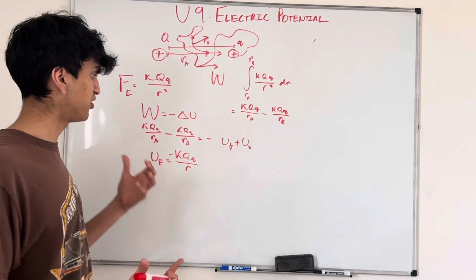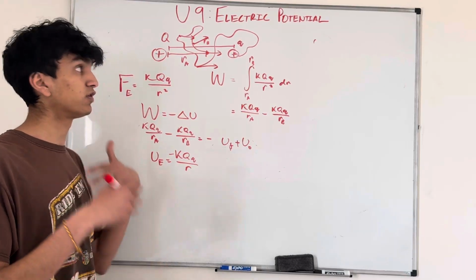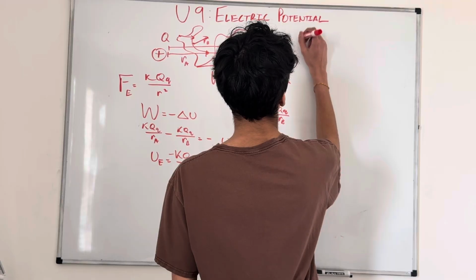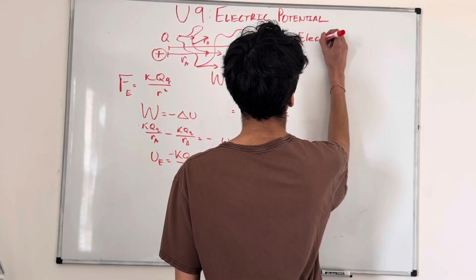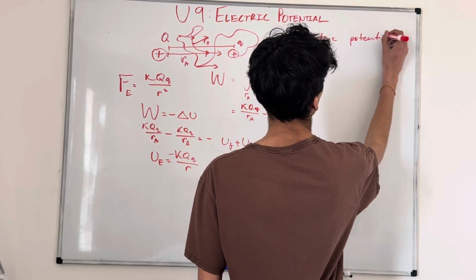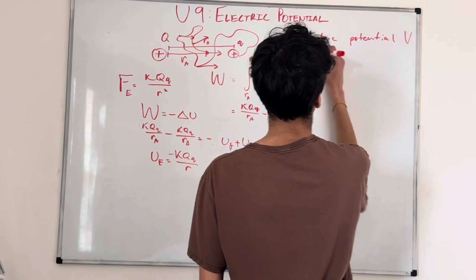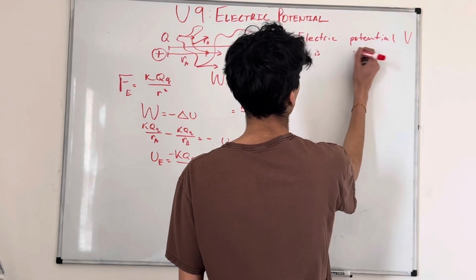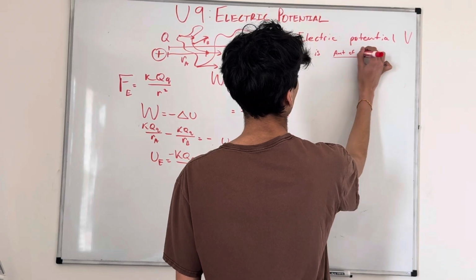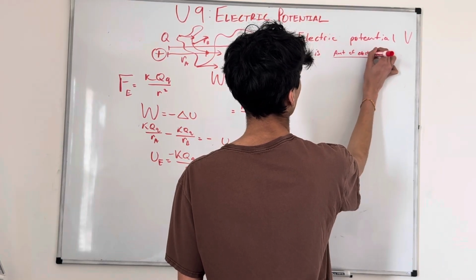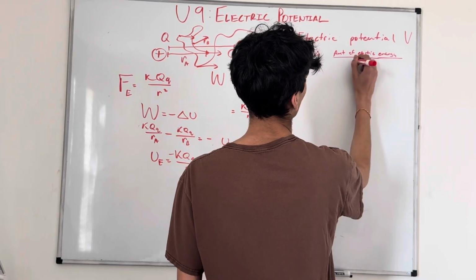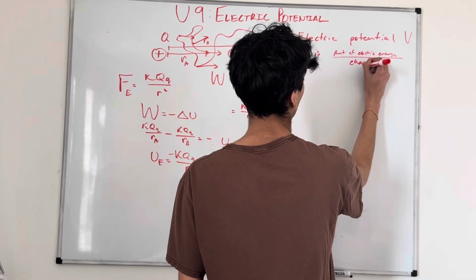And potential energy has a similar idea called potential. So electric potential, potential V, that's a symbol we use, is the amount of electric energy, or electric potential energy, really, per charge, per unit of charge, right?